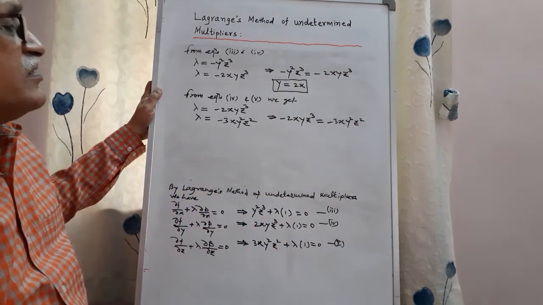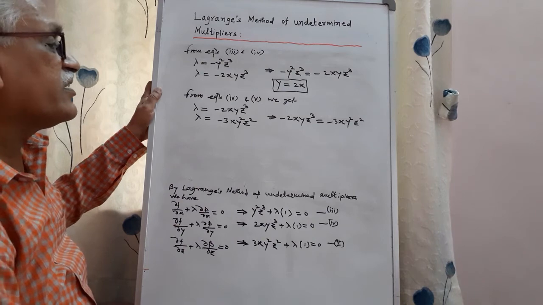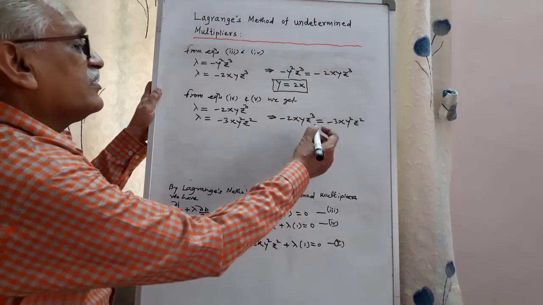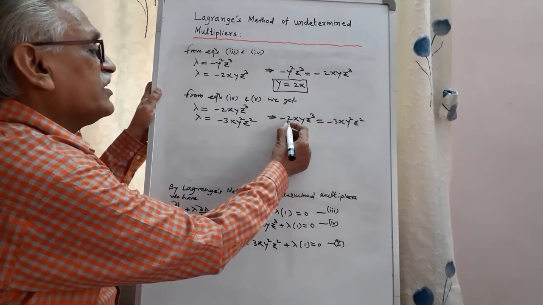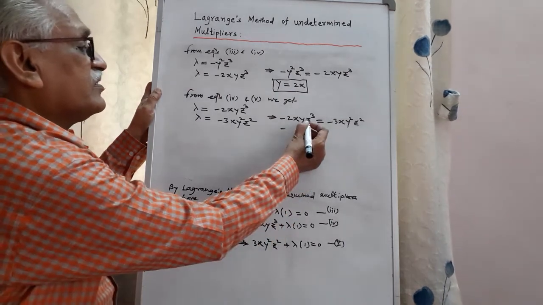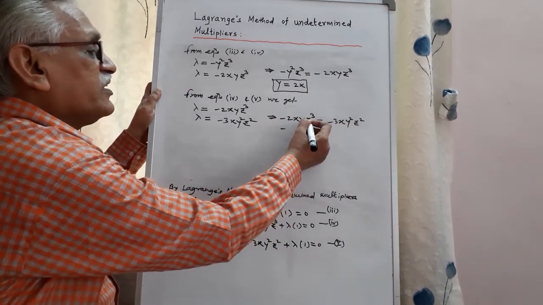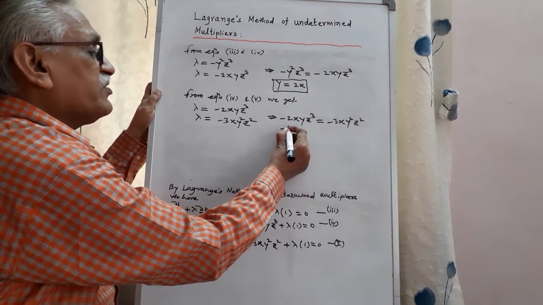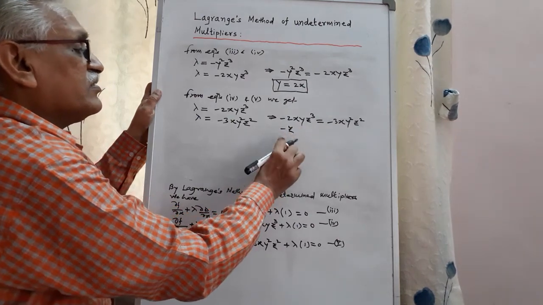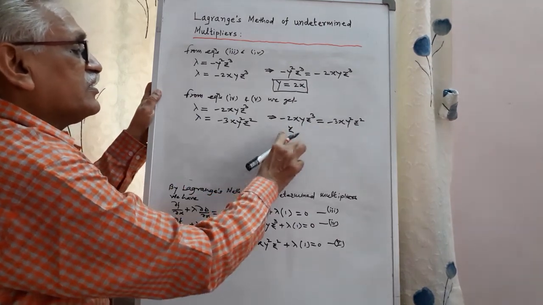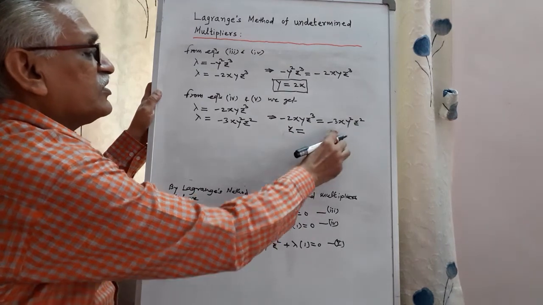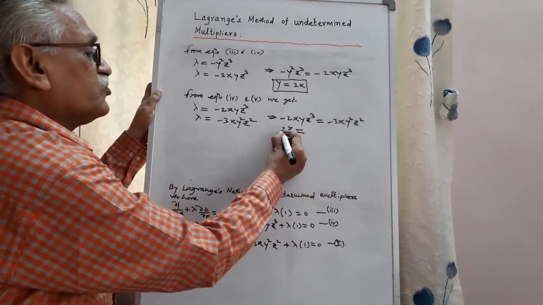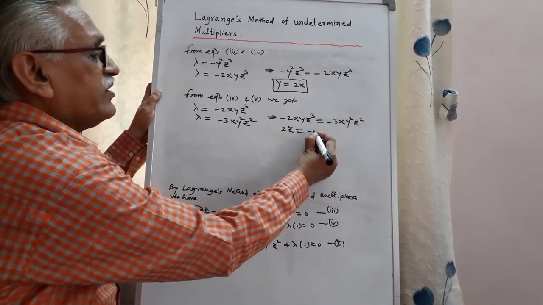Minus minus get cancelled, x gets cancelled, one y gets cancelled, z square cancelled with z square, therefore z remains, minus minus becomes plus, therefore we get 2z equals 3y.